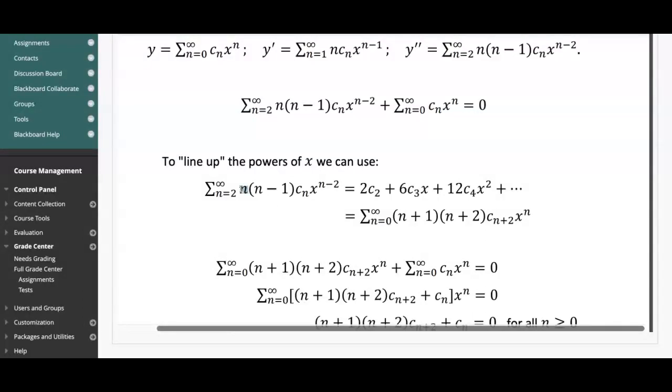So then this n becomes n plus 2. N minus 1 becomes n plus 1. So we have this. So Cn becomes Cn plus 2. X raised to n minus 2 becomes x raised to n. So we reindexed.